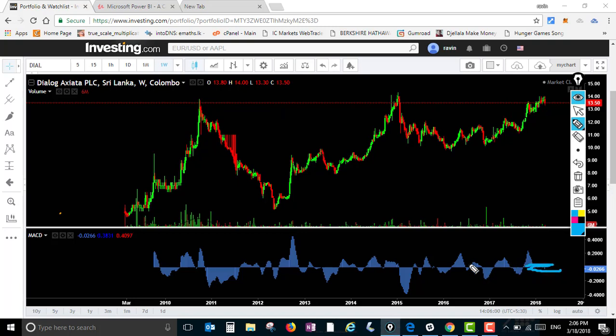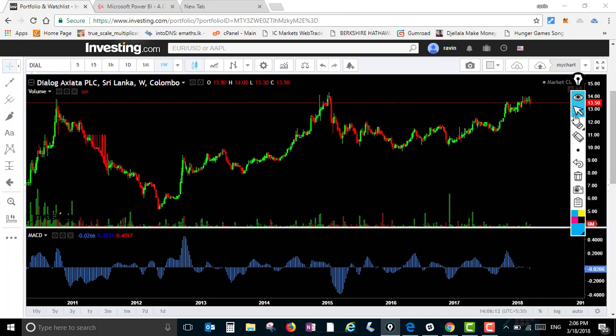Here near the zero line, everything is developing near the zero line. So that means there is no power at the moment. If you especially see the end of this line, at the moment there is no power because the price is mingling nearby the zero line. That means there is no power.